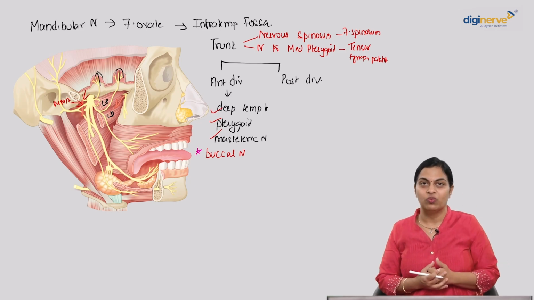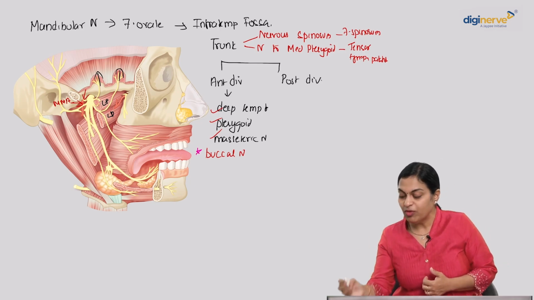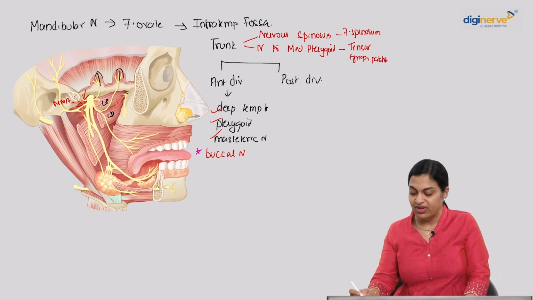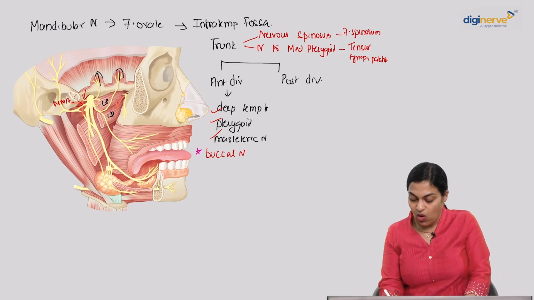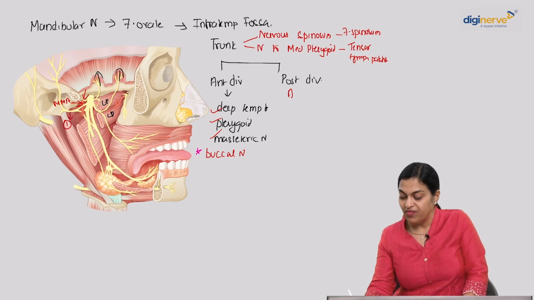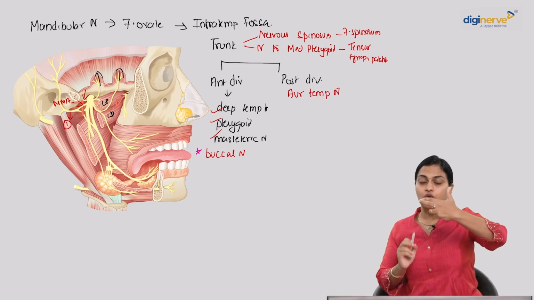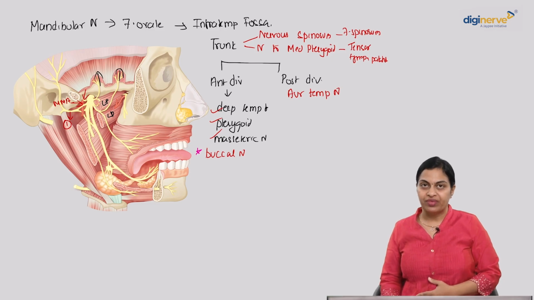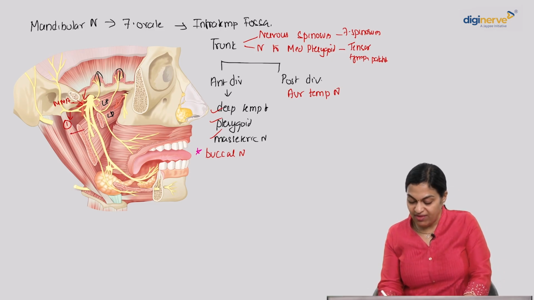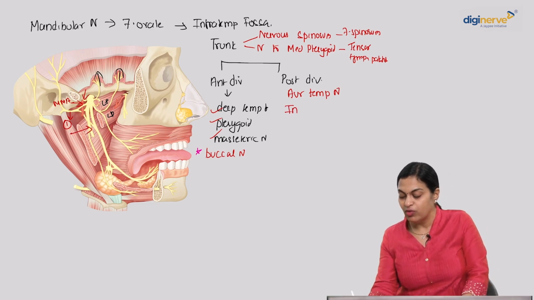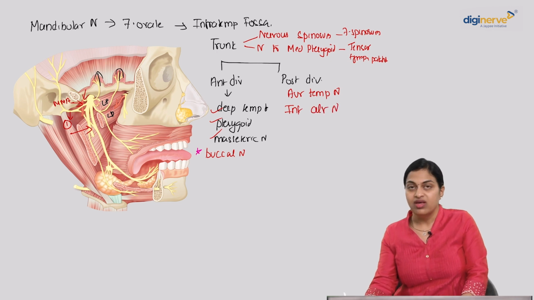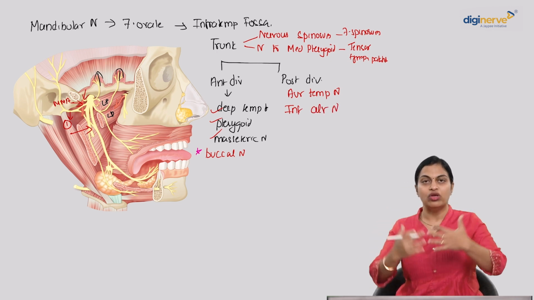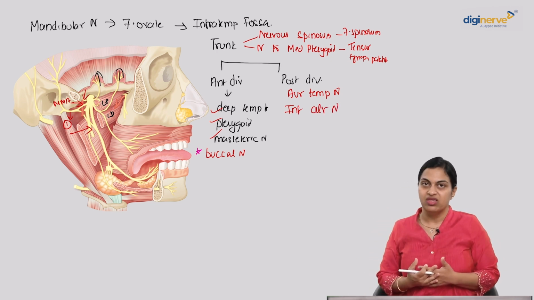Okay. Coming from the posterior division of the mandibular nerve, we get the auriculotemporal nerve, which arises as two roots. And between the two roots, you can see the middle meningeal artery passing through, right? And then we have this inferior alveolar nerve that supplies the dentition of the lower teeth through its branches.